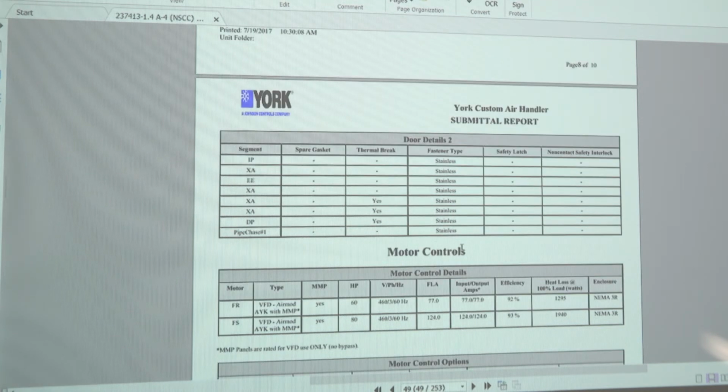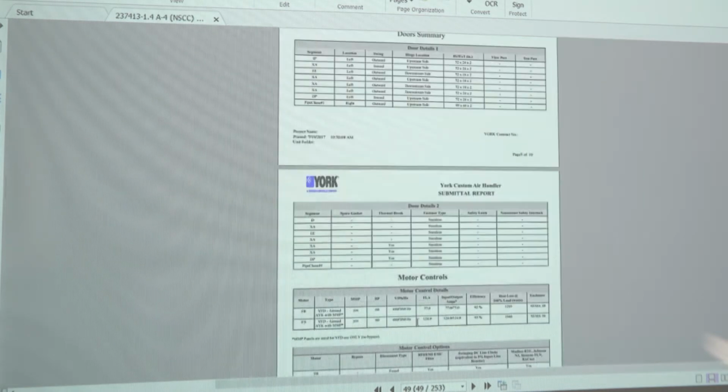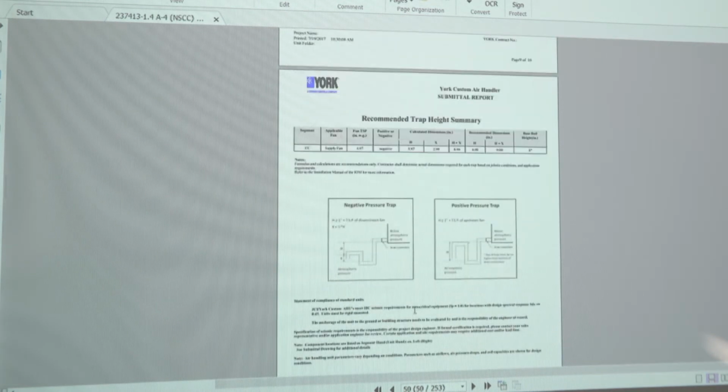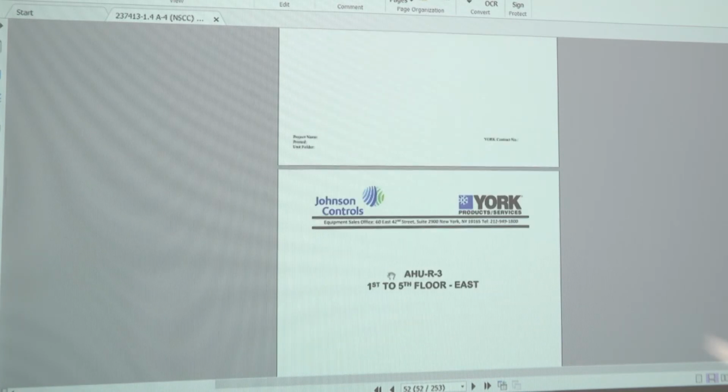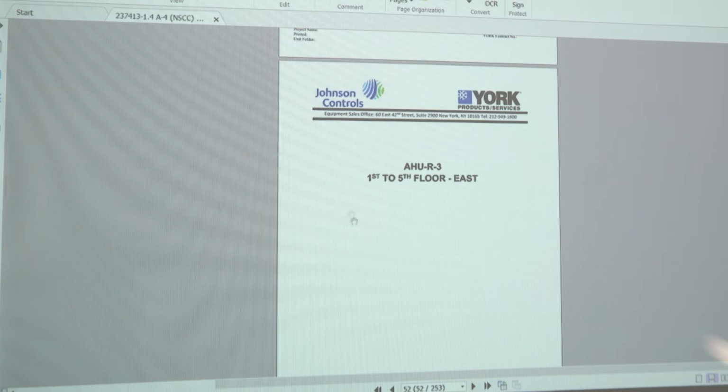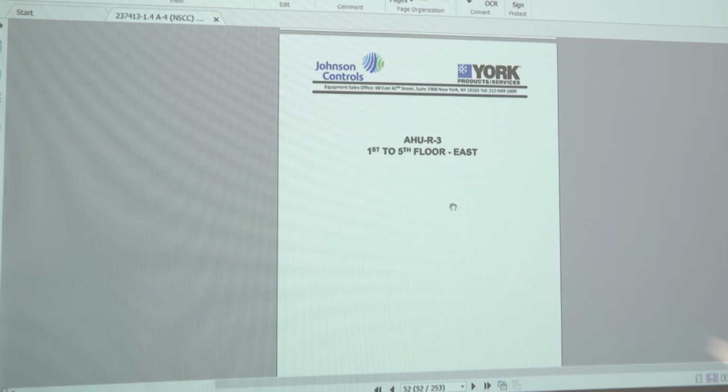So as you continue down, you see here you have a 253-page submittal. Okay, so all of the same information happens for each unit, and you'll see as you scroll down, you'll come up to your next air handling unit. Number 3, 1st to 5th floor. This is the east side. This is the B building. Okay, it's discussed in the past.